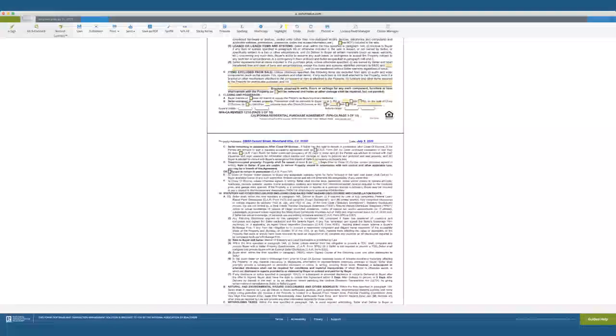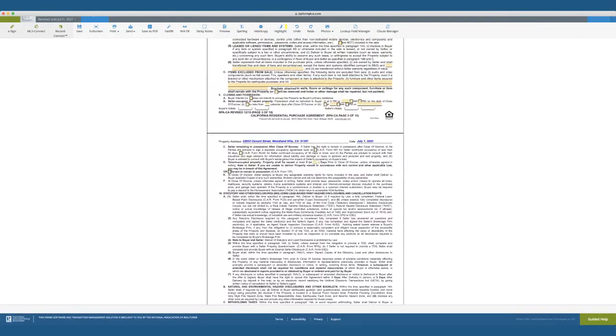And it's very important that these forms be filled out, because it takes care of insurance, it takes care of who's paying for utilities, who's taking care of the landscape. That's all agreed upon in that form. So it's really important that those be included at the time that the agreement is made.